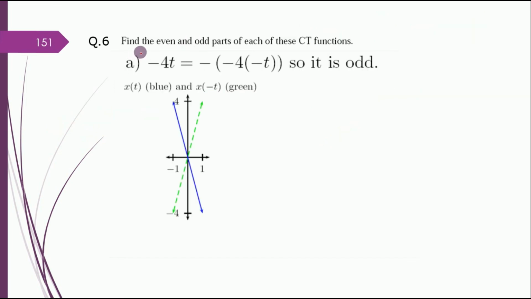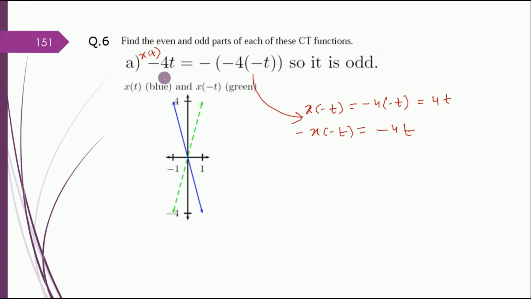So next, this is x of t. X of t is minus 4t. And this is x of minus t: replace t with minus t. What do you get? You'll get 4t. Now minus of x of minus t, you will get minus 4t.